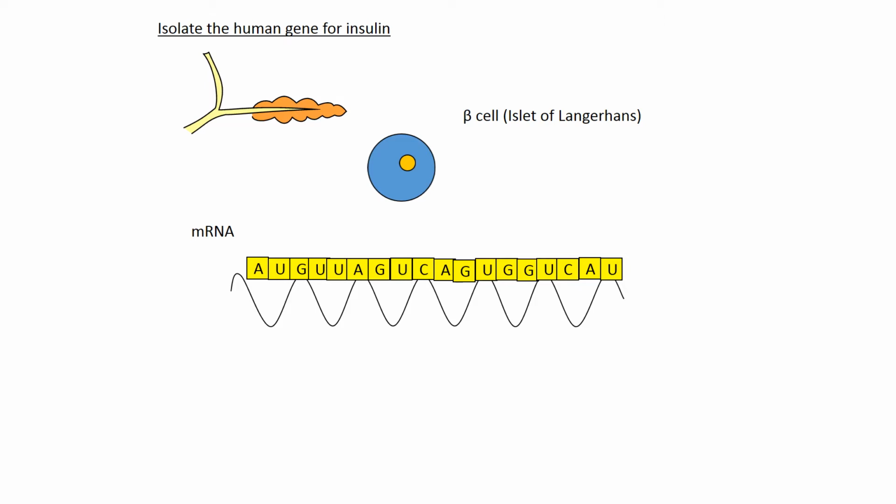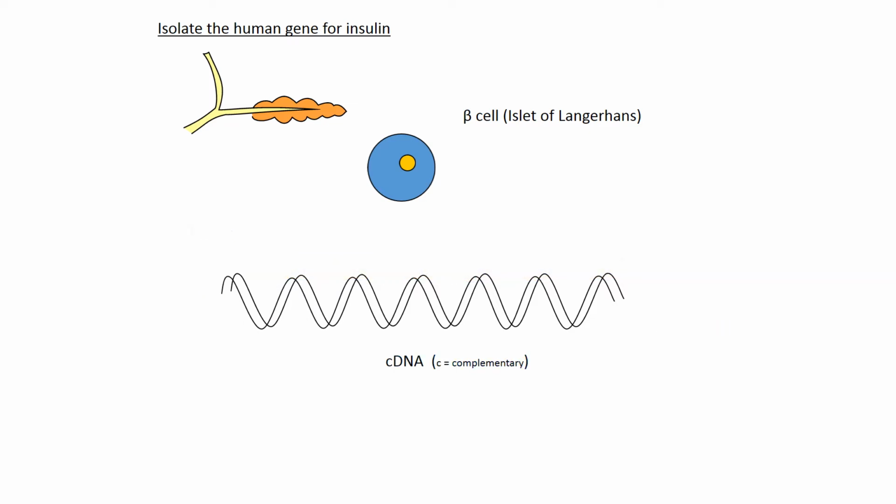so we have a double helix, and this time you can use the enzyme that you would have looked at already, which will be DNA polymerase. A primer will need to be added first, but DNA polymerase will run along to make the other complementary strand of the DNA double helix. And what we're left with is the double helix of DNA, which is called cDNA.